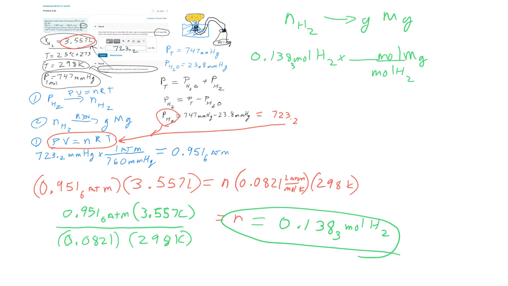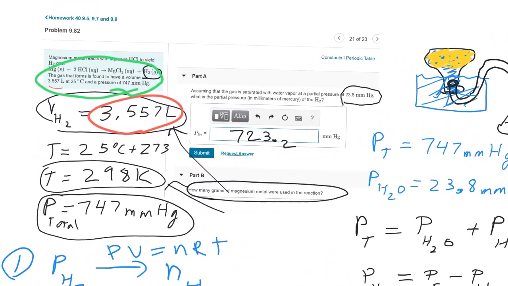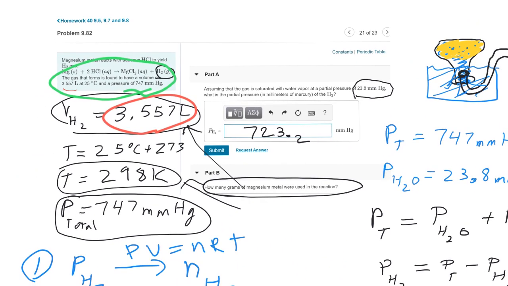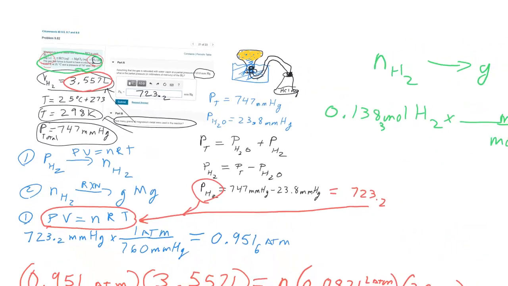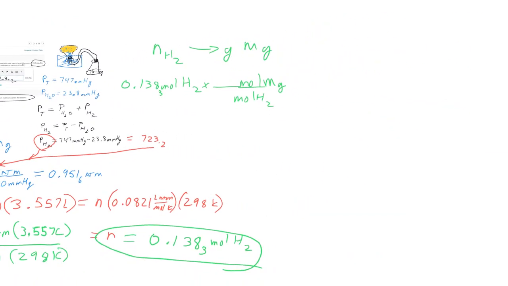According to my chemical reaction over here, which has gotten very, very small, let me zoom in for it real closely again, right? 1 magnesium for every 1 hydrogen, so it's a 1-to-1 ratio. I don't want moles of magnesium. I want grams of magnesium.